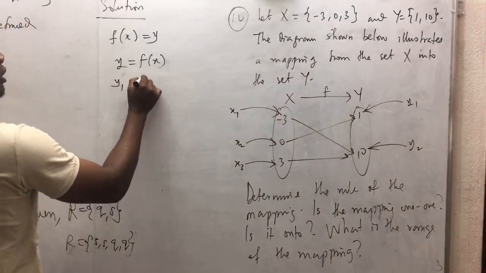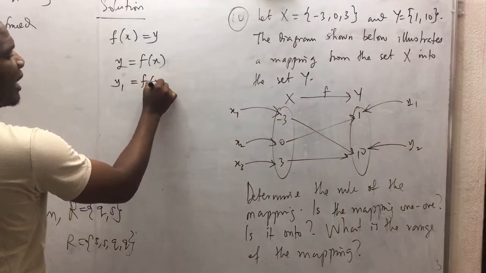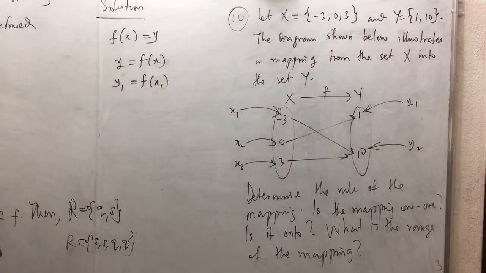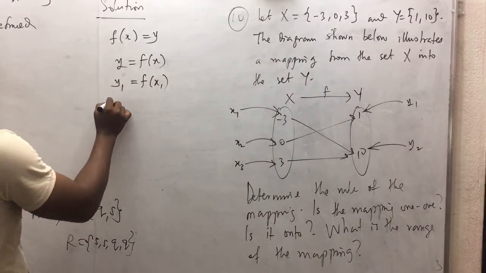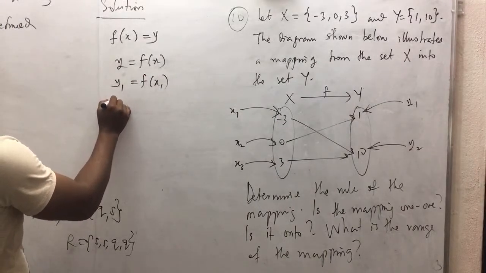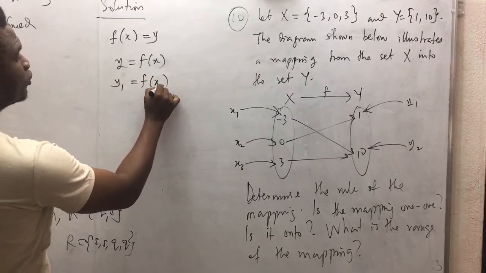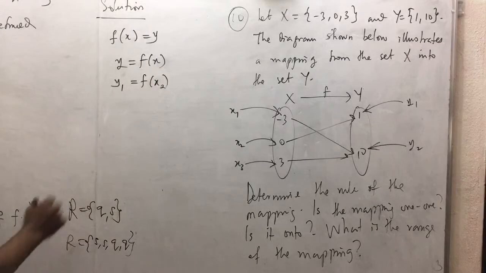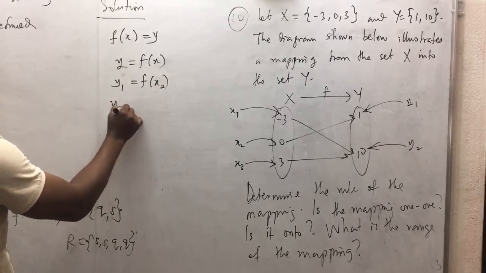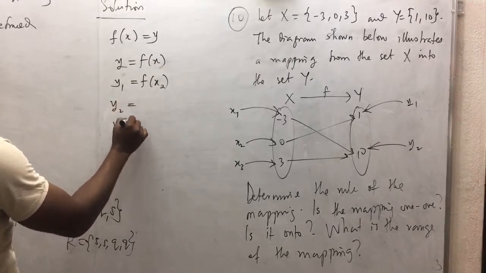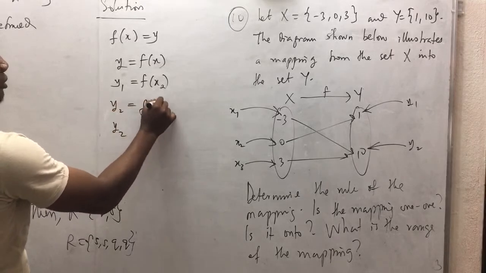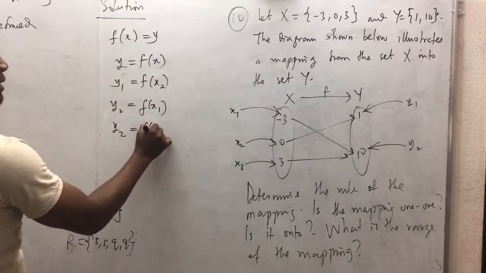Y1 comes from f of x1. Notice again that y1 comes from f of x2, and y2 comes in two ways. It comes from f of x1 and f of x3.